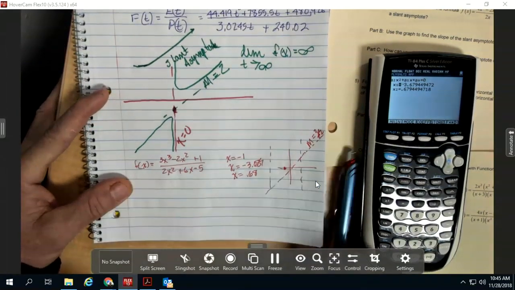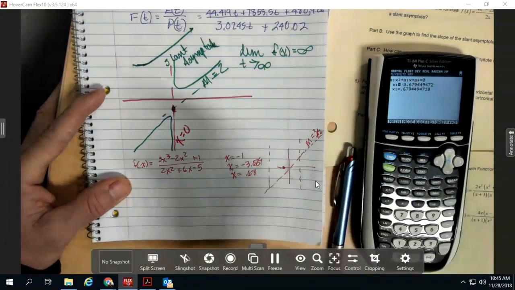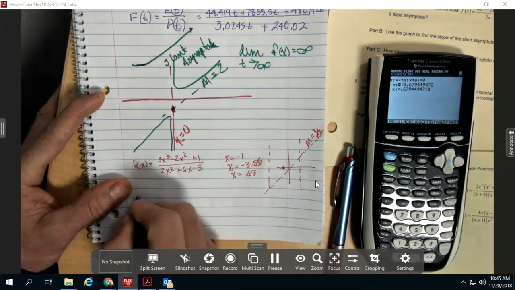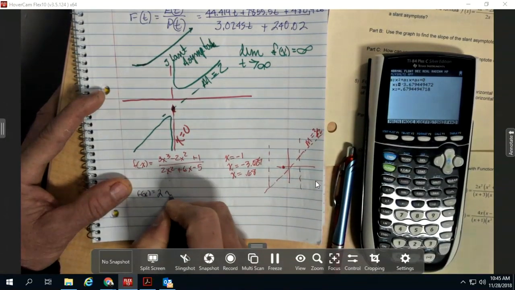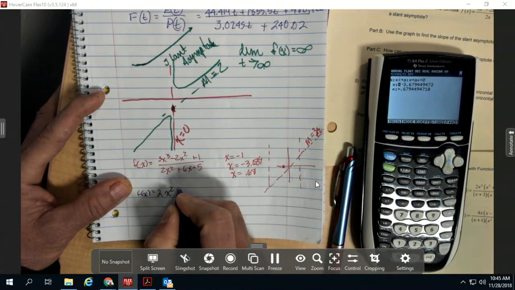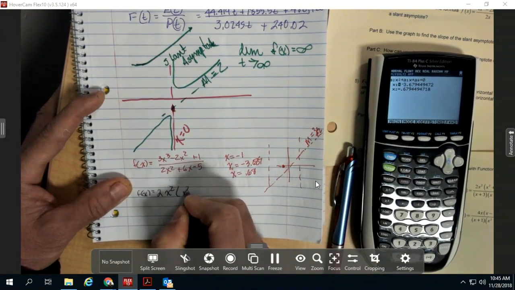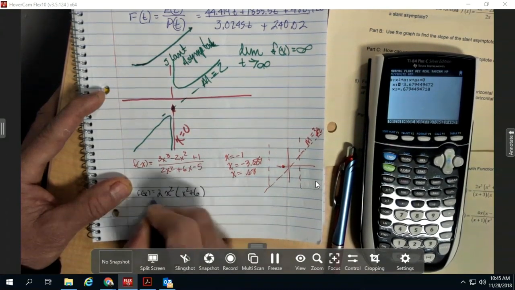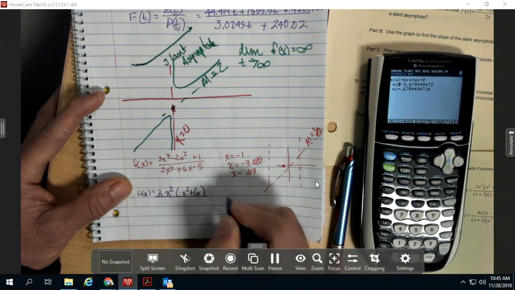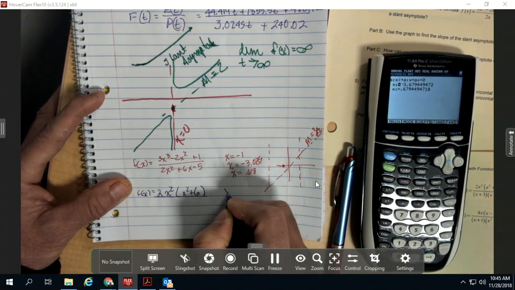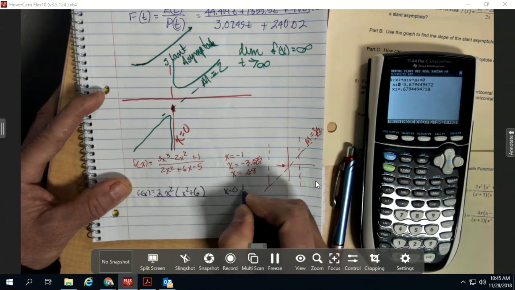Part B. F of x equals 2x squared times x squared plus 6. I have a double 0, twice.